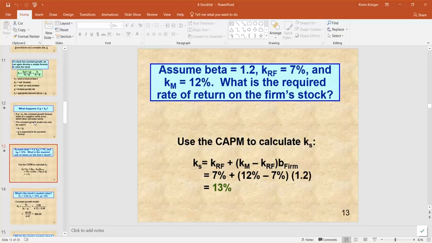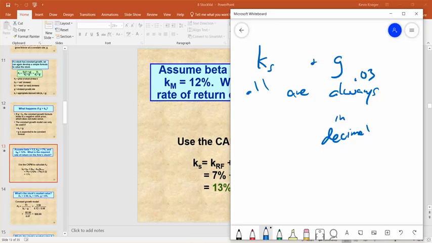The beta is a measure of how risky you are compared to the average stock or the average investment. So a beta of 1 is typical or average.